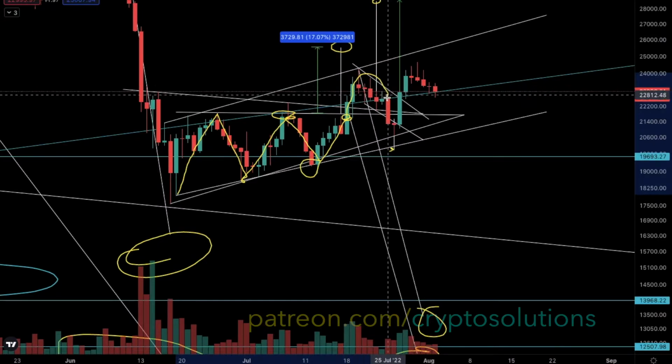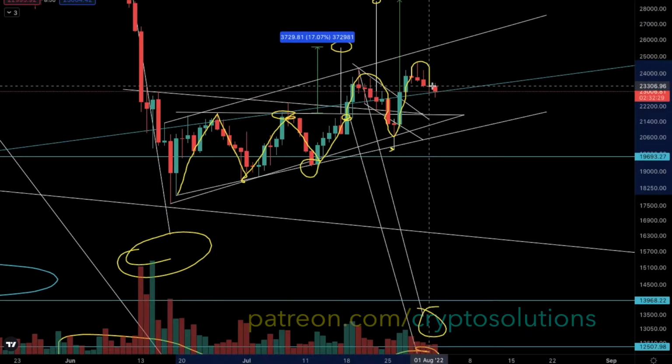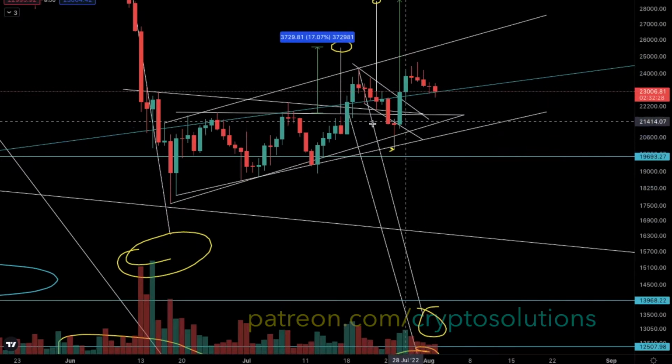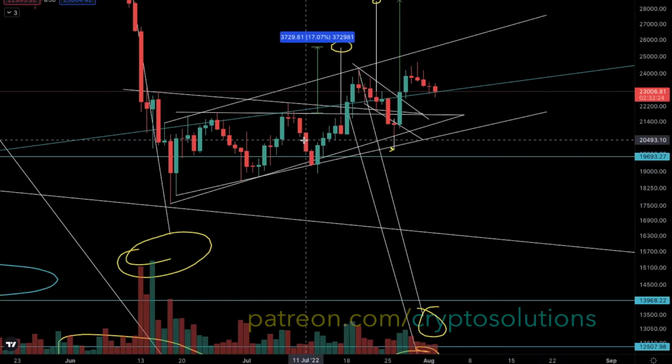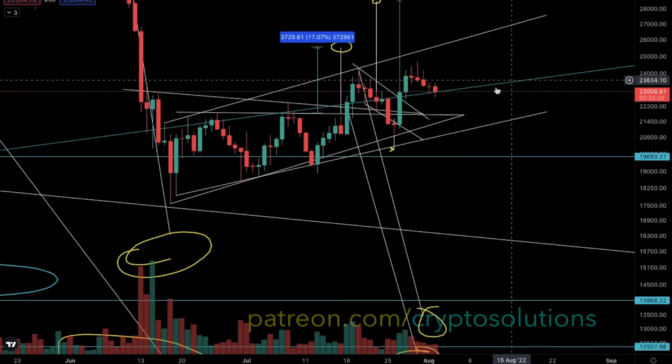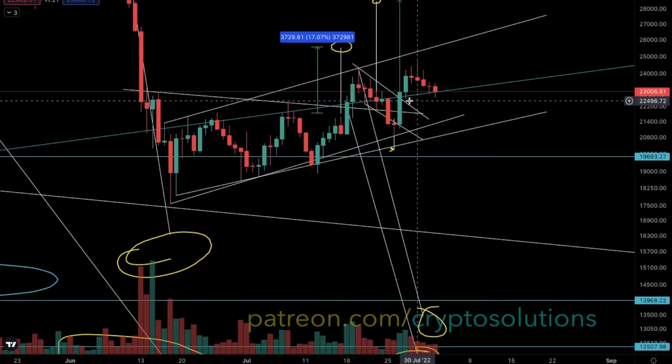It broke out, retested this, made a fake out to the downside, and came back and bounced from there. And so this asymmetrical triangle has been invalidated at this moment, and this is not an ascending triangle at the moment, because it was for some time. I'm going to delete that just a second there.